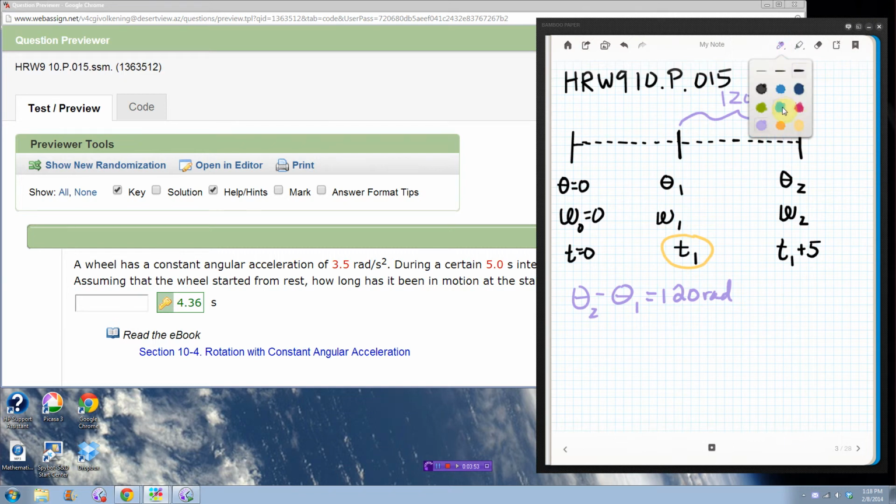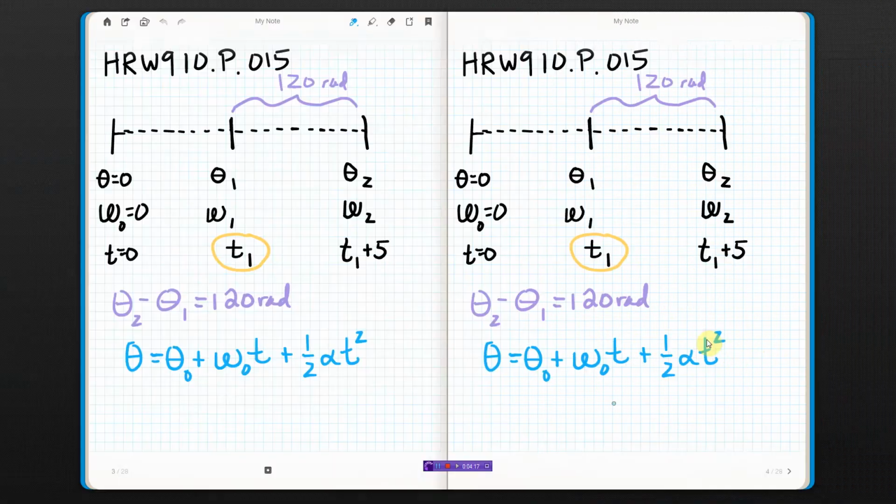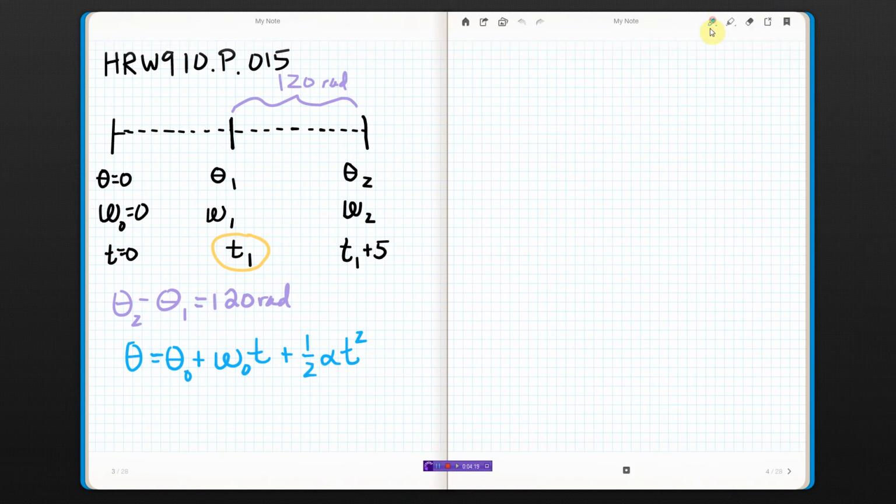I know that for any set of kinematics equations, theta equals theta naught plus omega naught times t plus 1/2 alpha t squared. I know that's for sure. I want theta 1 and theta 2. For theta 2, I just put in the stuff that I know.